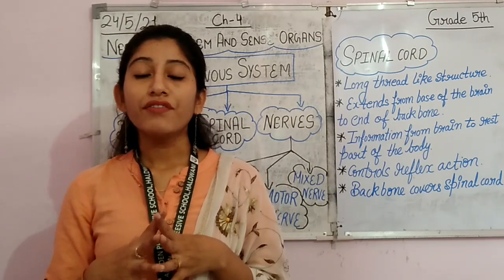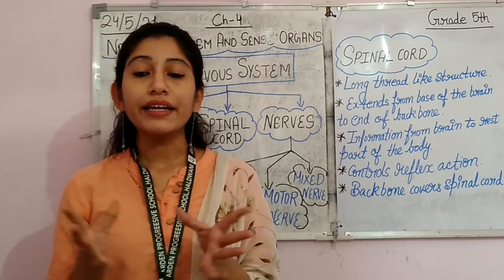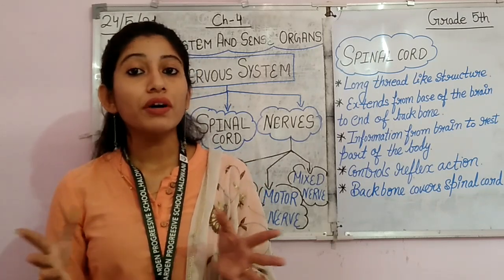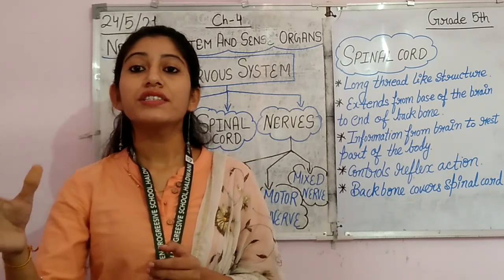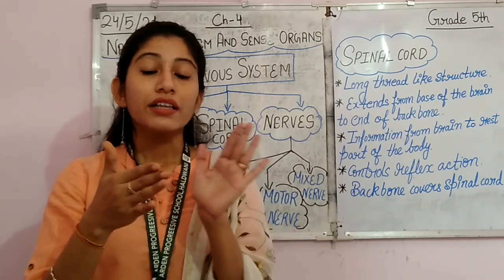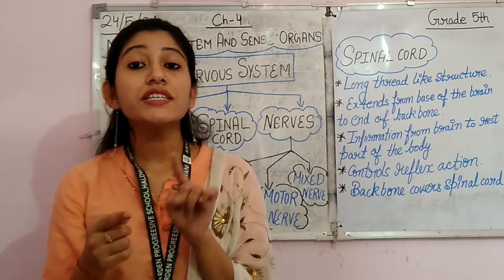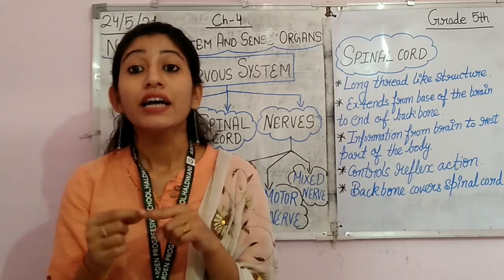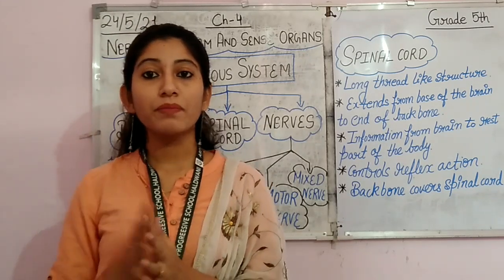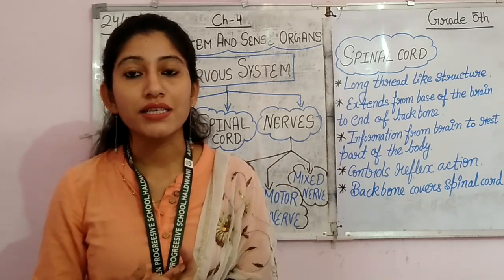And suppose somewhere you are doing gardening, or you are in a garden, and suppose you have touched a flower and by mistake you have touched the thorn also, कांटा लग जाता है. So what happens? You just take your hand back. So what is this?